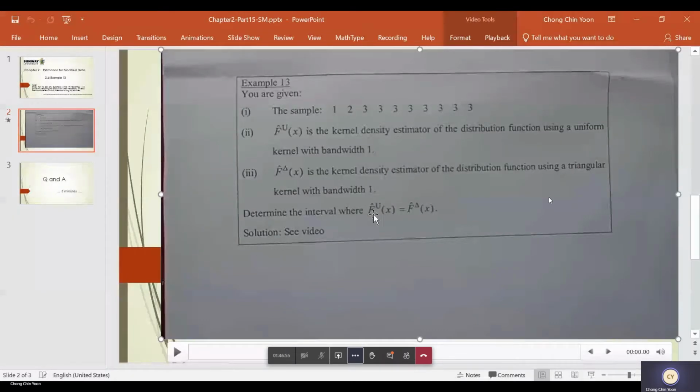When these two kernel distributions are equal, what is the interval that will make this equation equal?